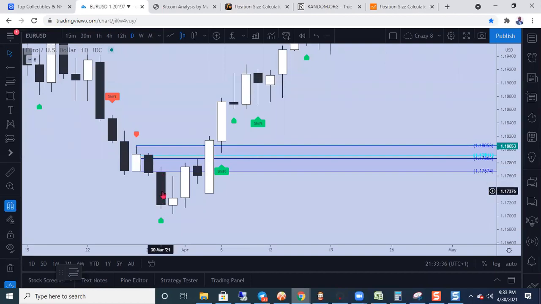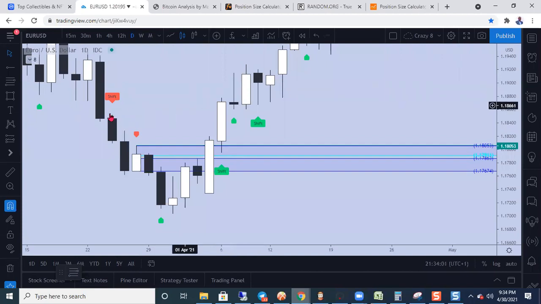So we have two ways of trading this system. The first way is by trading the violation of this bullish candle. So we have this bearish AQZ here. The violation of the bearish AQZ will give us a buy scenario.